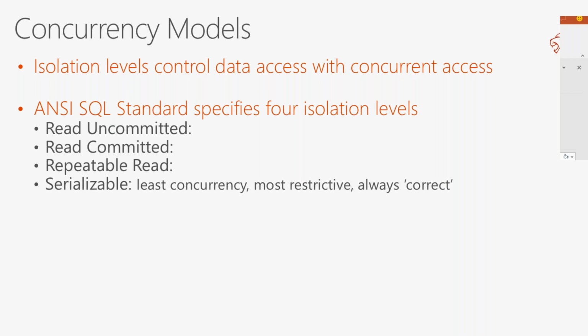What you see here is that the higher the consistency or the guarantee, the more locking and blocking you will see. You see that point? It's an important point. Read uncommitted, minimal blocking. Read committed, some more. Repeatable read, a lot more.